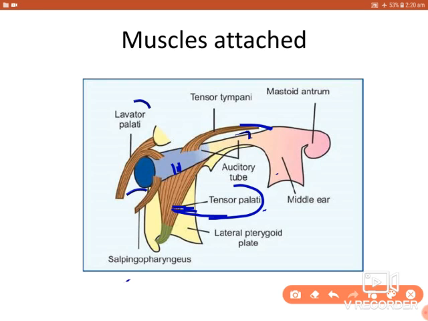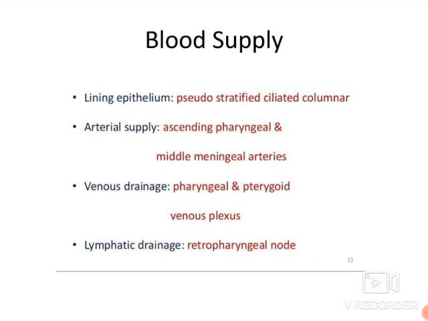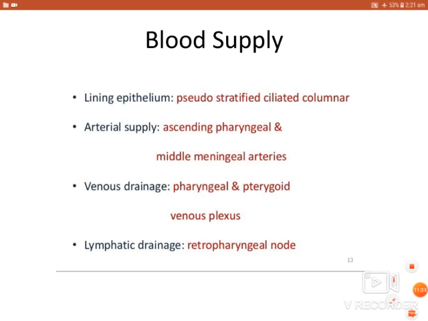So the tensor veli palatini is also called the dilator tubae. That's about the parts, relations and the mechanism of opening.